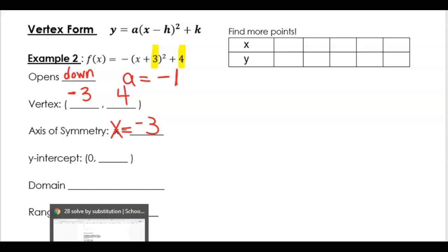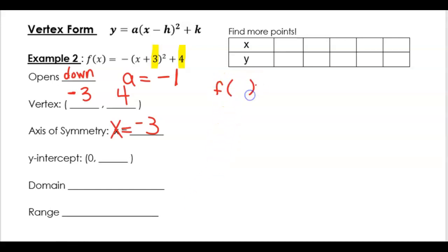To find the y-intercept, in the original equation, you replace the x with 0, and you calculate it out. Now, what do we have in parentheses? 0 plus 3 is 3, and then 3 gets squared.